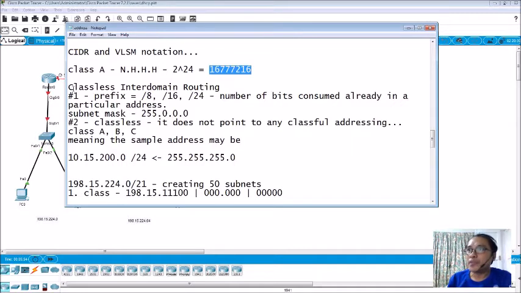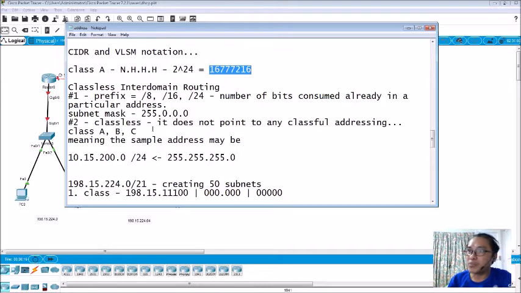Number two, CIDR is different from subnetting because subnetting uses classful addressing. This one is classless, meaning it does not point to any classful addressing.